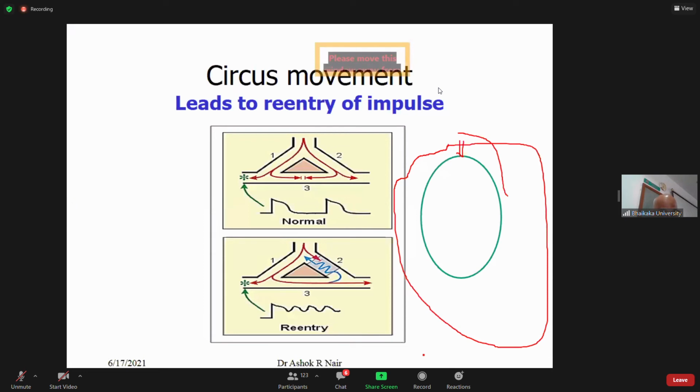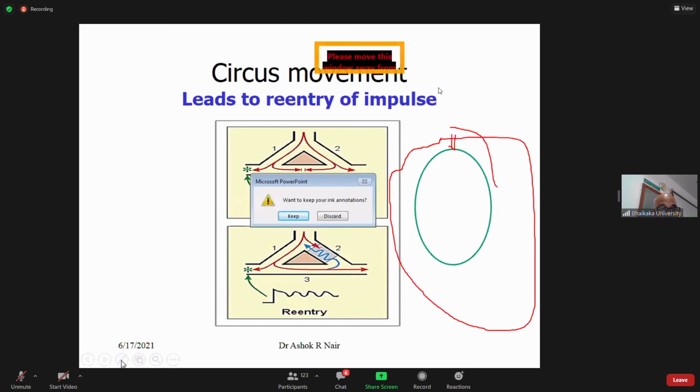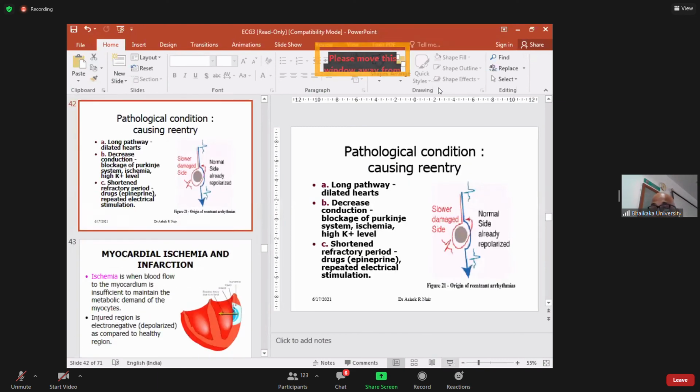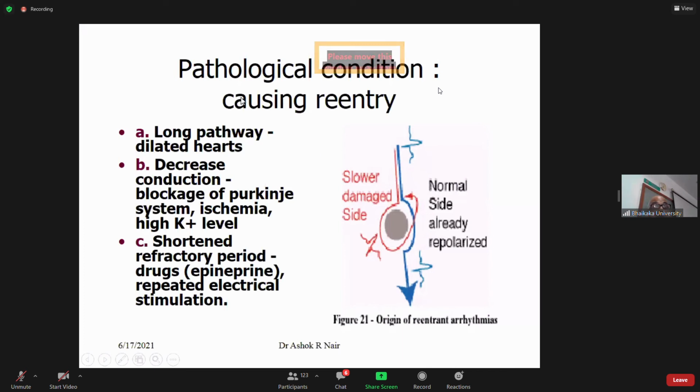Go back to the slide. Re-entry phenomena can be seen in long pathways when they are dilated, or if there is a decrease in conduction, blockage of the Purkinje system, ischemia, high levels of potassium ions, or shortened refractory periods due to epinephrine or repeated electrical stimulations.